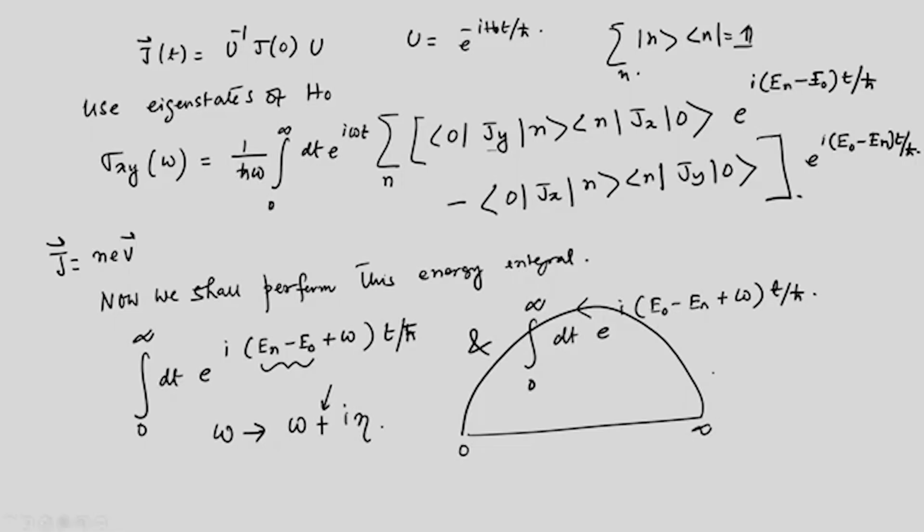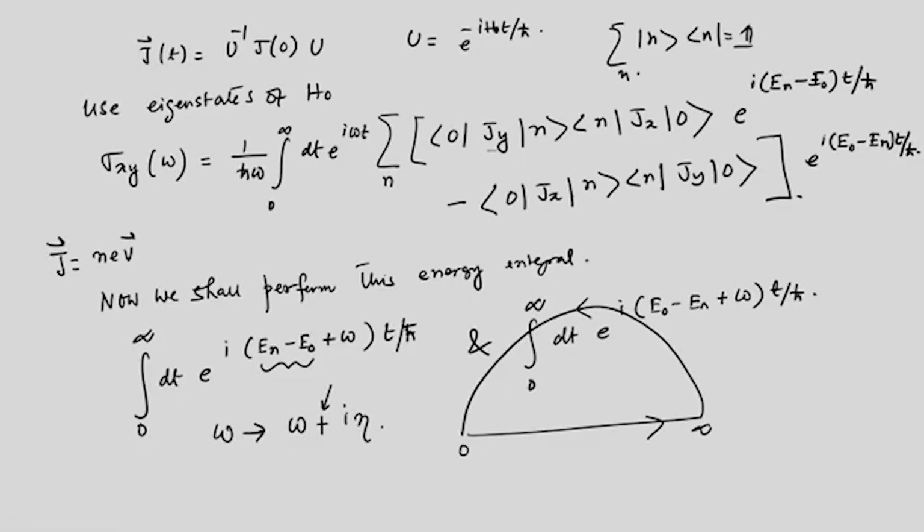So you close it and it becomes a closed integral, and then you can use the residue theorem. Please get used to these complex integrals, because they are ubiquitous in all these contexts of condensed matter physics, Green's functions, and so on.